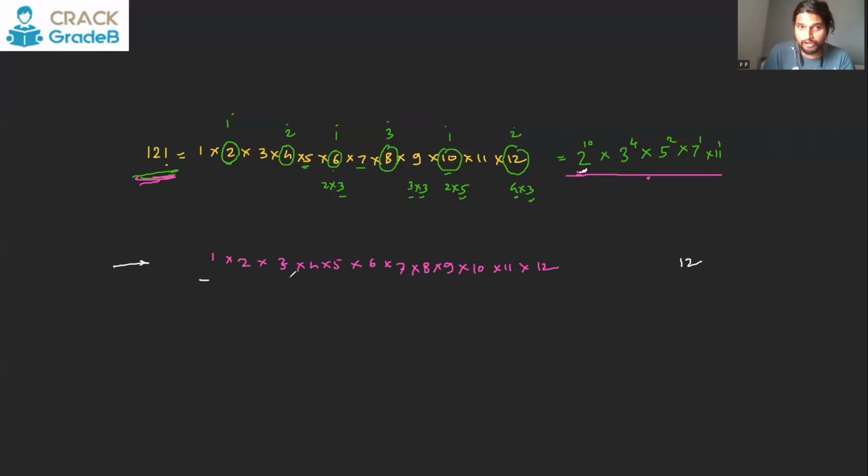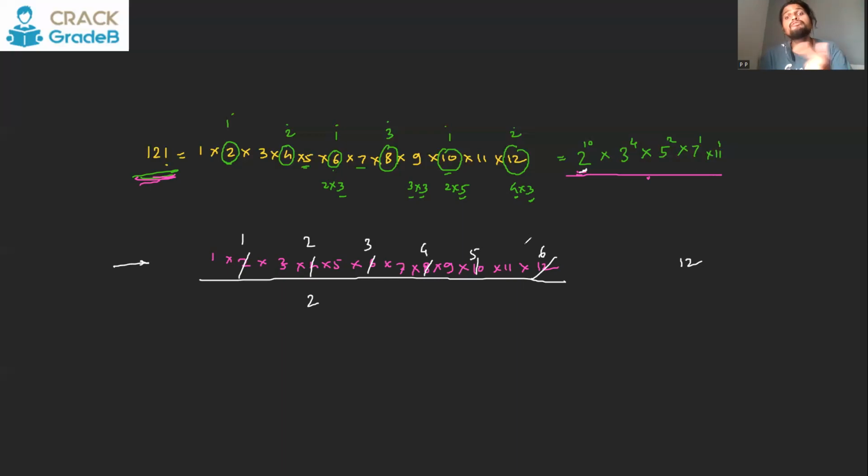So if I want to divide this number by 2, I can say 1 two will be cut from here, 1 two will be cut from here. So 2 twos are 4, 2 threes are 6, 2 fours are 8, 2 fives are 10, 2 sixes are 12. That means we found 6 multiples of 2.